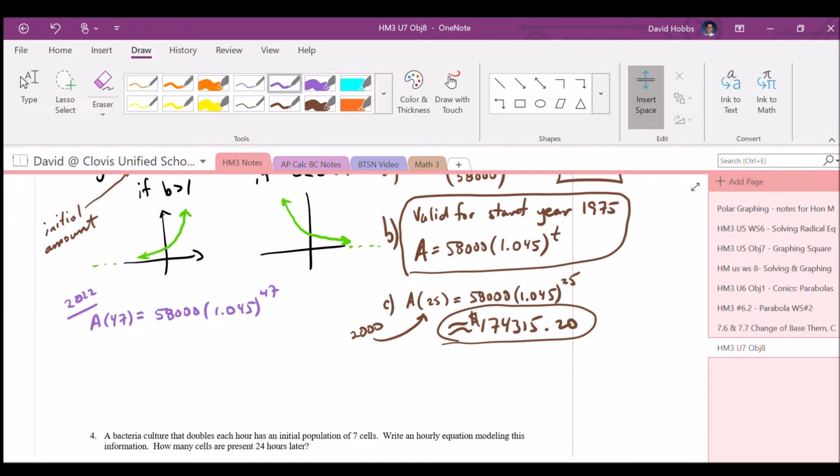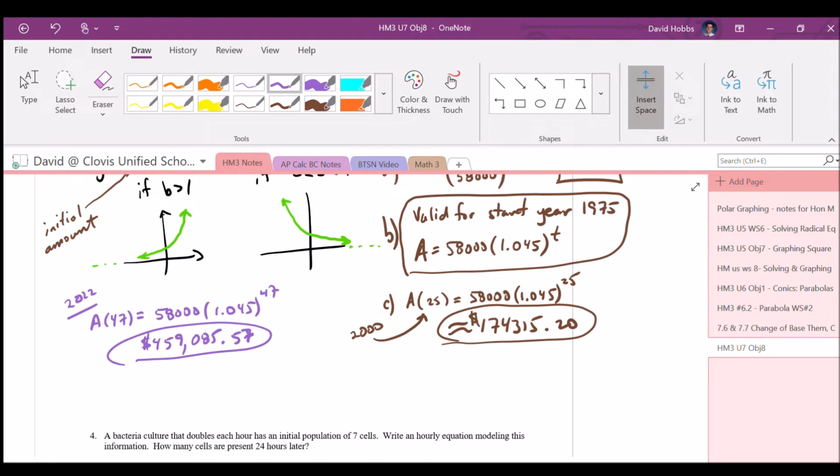And that's almost 8 times 58,000. And we get $459,085.57. Now, that's a little bit big for the median price home in Fresno, California.